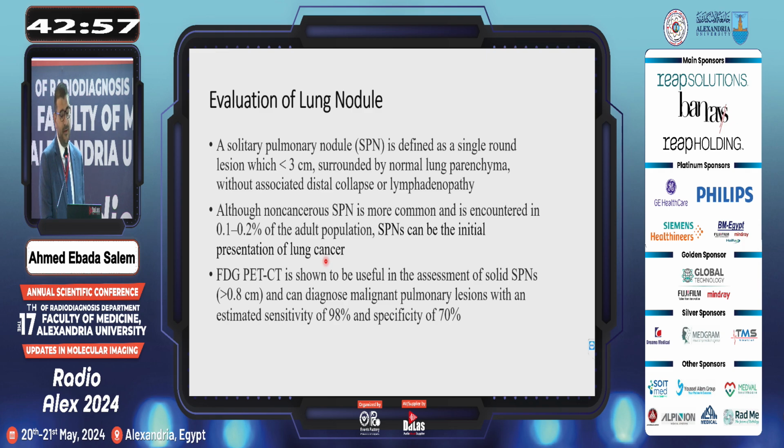FDG PET-CT has been shown to be useful in evaluating lung nodules, and it's very important to understand that it is beneficial in nodules more than 0.8 centimeter, meaning that for anything less than 0.8 centimeter, PET-CT can be limited in evaluating these lesions.